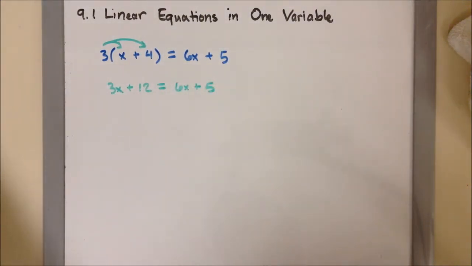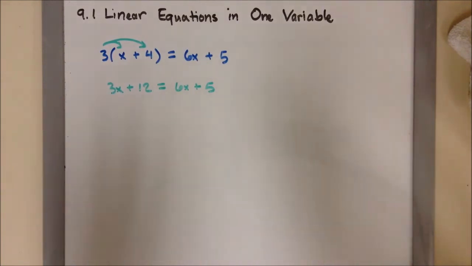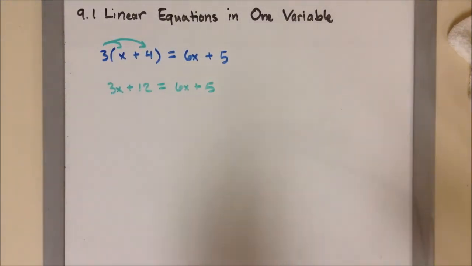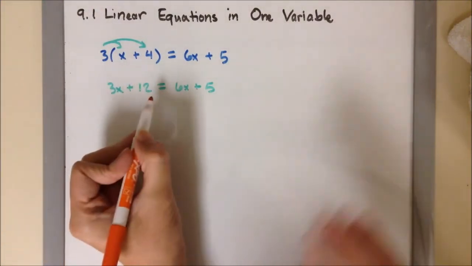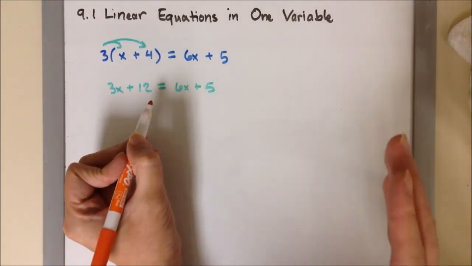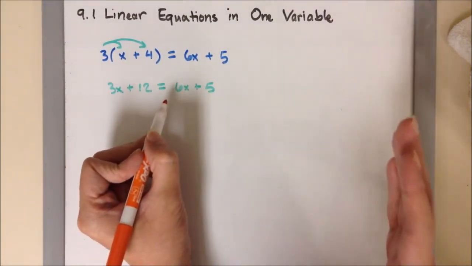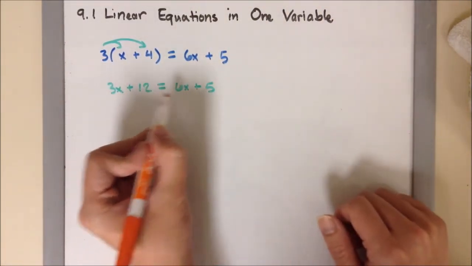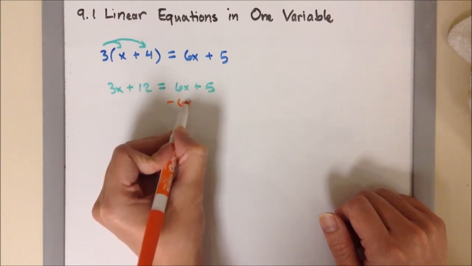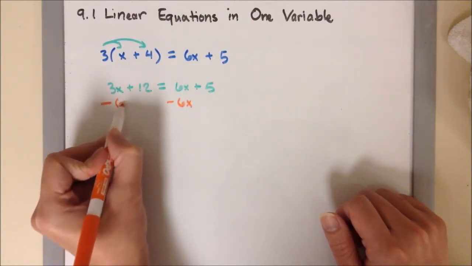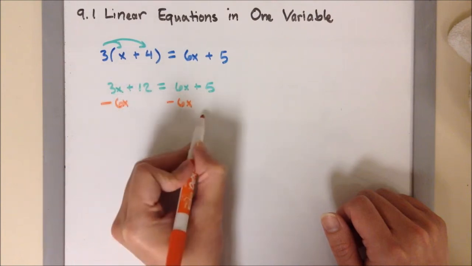Alright, so here, most of the time you can have x on the left side, or sometimes you can have x on the right side. But again, most of the time we're going to have x on the left. Doesn't matter to me, as long as you have variables on one side, numbers on the other side. So say I want my x's on the left of the equal sign, so I'm going to cancel out the 6x from the right, so minus 6x on the right side and left side.